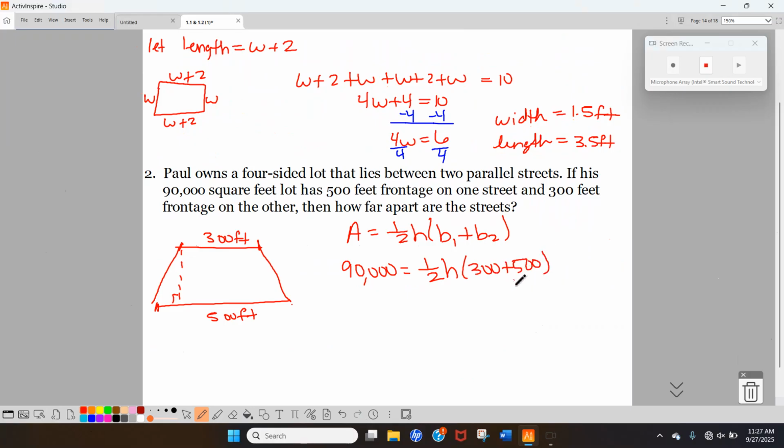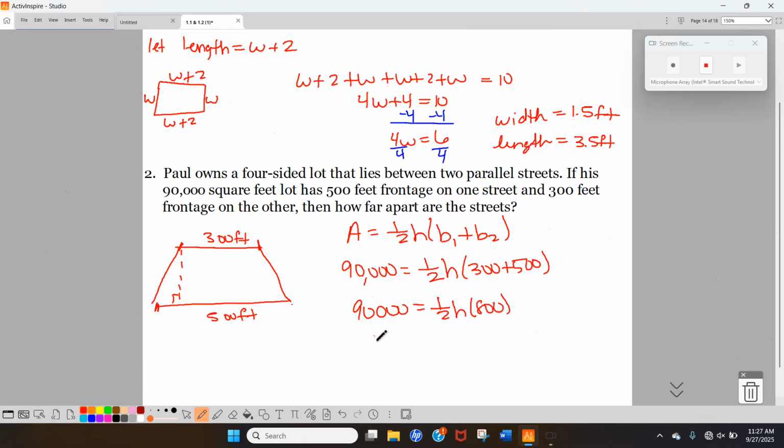For this one, you would just have to say let h be the height of the trapezoid, or h be the distance between the two streets. Then you can write your formulas. Anytime you use a formula, you have to write it down. So write it down, fill in the information, and then to solve, it is 1/2 h times 800.